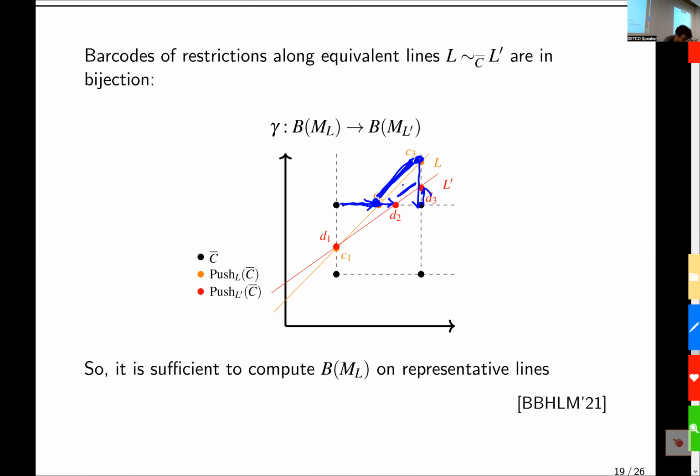And so I can compute this bar from this one without all the matrix reduction needed to compute homology. So it is enough to compute the barcode for each representative line in each equivalence class, and then all the other barcodes for other lines can be computed in this way, using pushes of endpoints of bars for the representative lines.